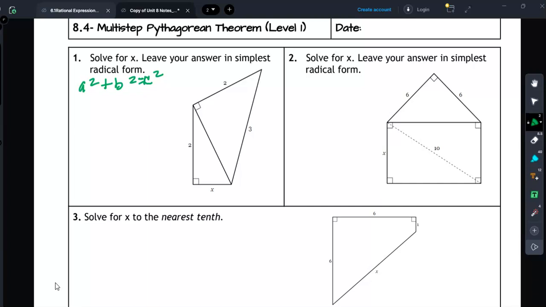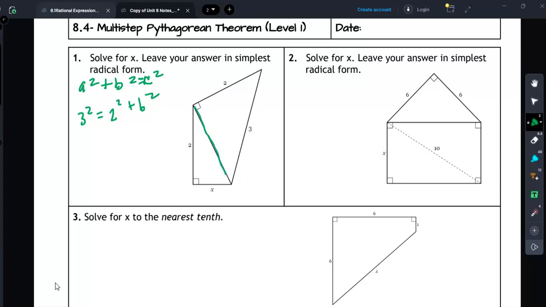So we know this is a right triangle. We know 3 is called the what? The hypotenuse. 2 is the leg. So we're going to put 3 in for C since it's the hypotenuse. So 3 squared equals 2 squared plus, we'll just call this B squared, right? Okay, so now we can solve for this.